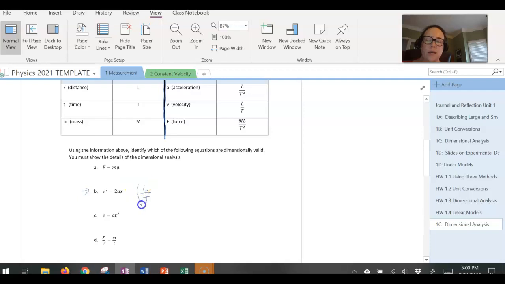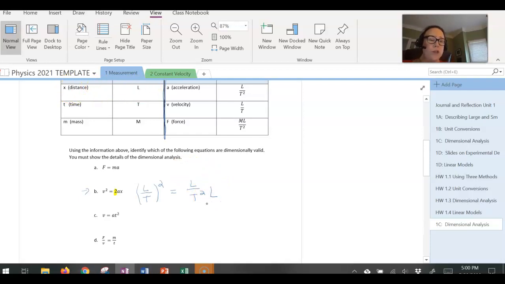That's the dimension of v, but in this equation, that variable is squared, so I'm going to square that dimension. Now, here I've got a number, 2, and I ignore numbers because they don't have a physical dimension. So I just ignore the 2. A, or acceleration, has a dimension of L over t squared. And then I have x, which has the dimension of L.